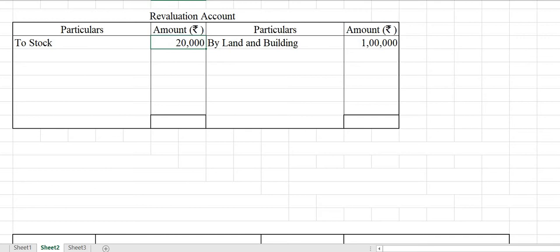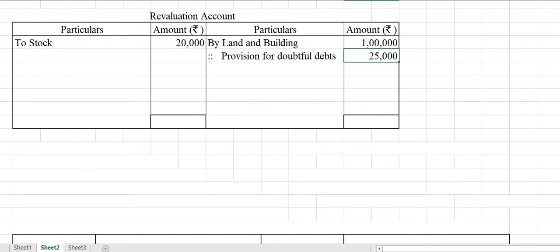You can assume it in two ways: either as an increase in asset because debtors increased, or as a decrease in liability. Bad debts are not there, debtors are good; everything about bad debts and their treatment you have studied last year. Anyway, it can be shown on the credit side. What to write? Provision for doubtful debts. How much was the provision? 25,000 was the provision for doubtful debts.